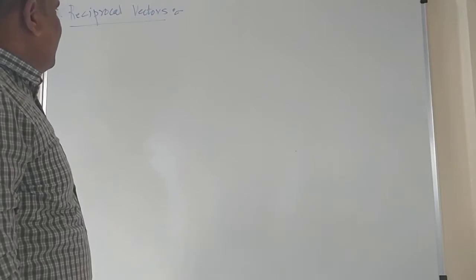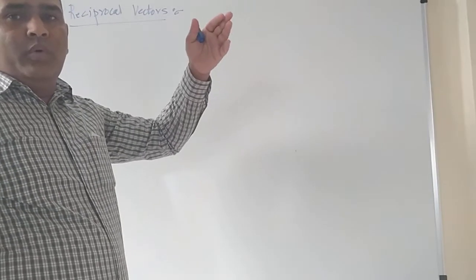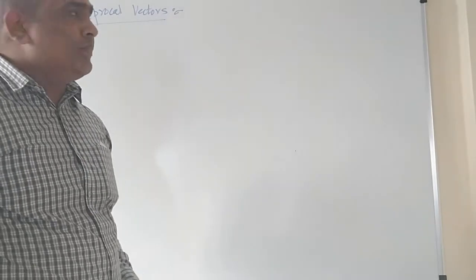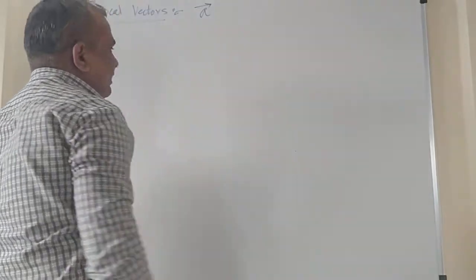Now the next definition of the vector is a reciprocal vector. The name itself indicates the meaning of a reciprocal vector. What do you mean by reciprocal? Reciprocal means 1 upon the quantity. Suppose A bar is your original given vector.